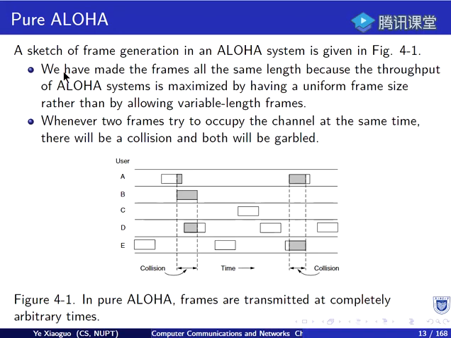The sketch of frame generation in the Aloha system is in this figure 1. We have made the frames all the same length. This is an assumption. The throughput of the Aloha system is maximized by having a uniform frame size rather than by allowing variable length frames.